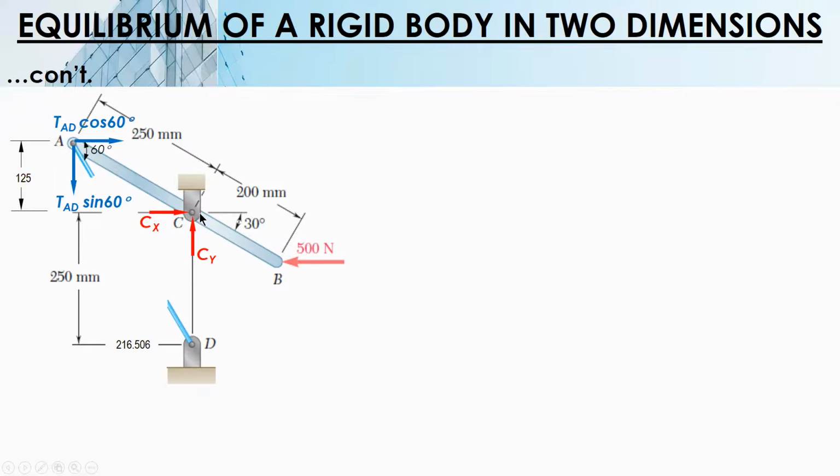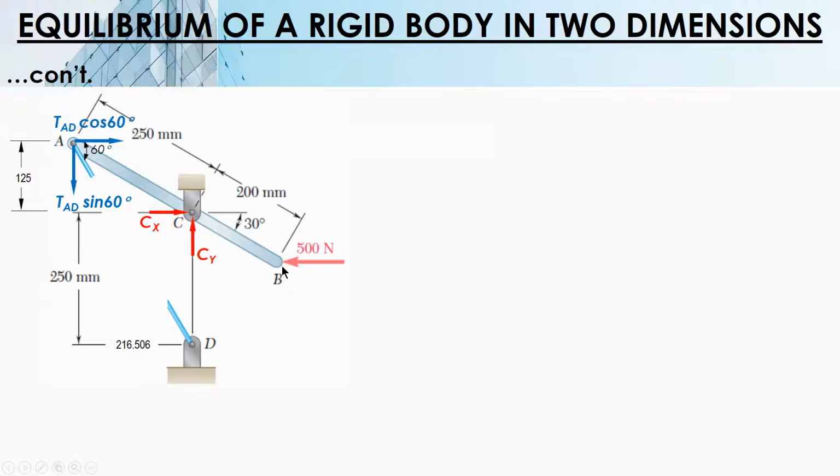Okay, let's check. TED sine 60, the perpendicular distance is this 216. Okay. For TED cosine 60, the perpendicular distance is 125. But for 500, we don't have this distance. Pero makuha na because we have 230.